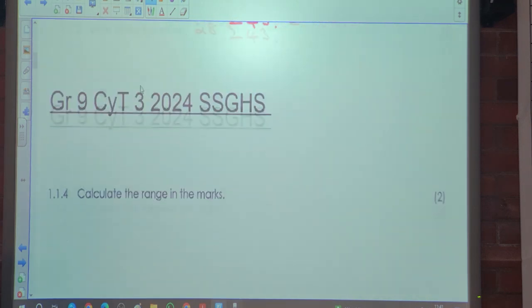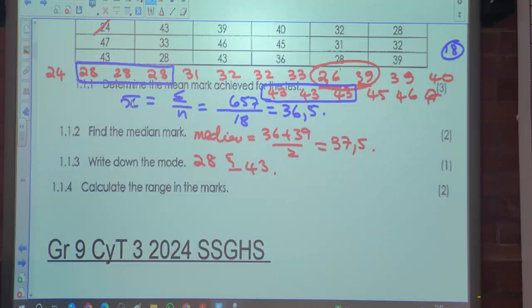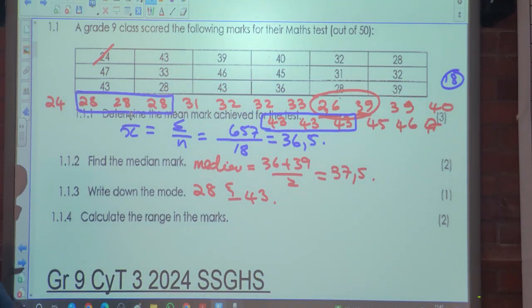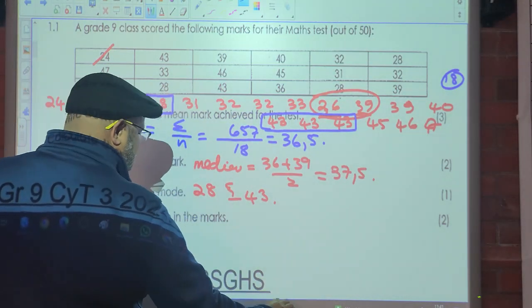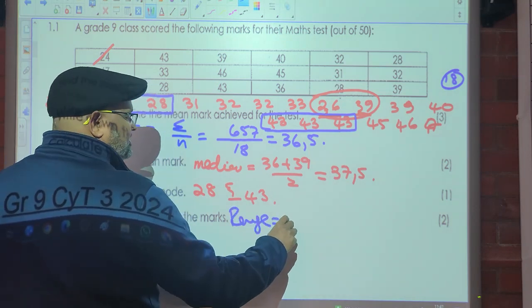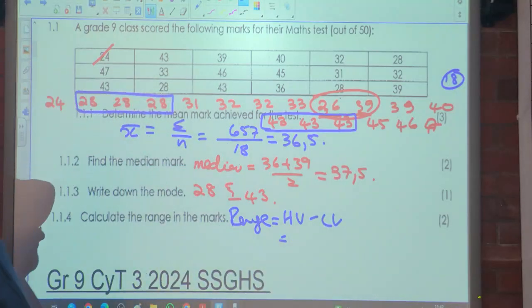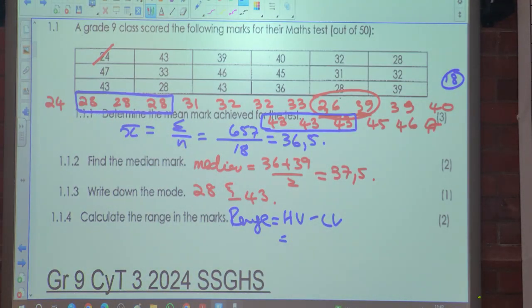Right. Let's go with question 1.4. Calculator. People, what's the range? The range is the highest value minus the lowest value. So put it down.